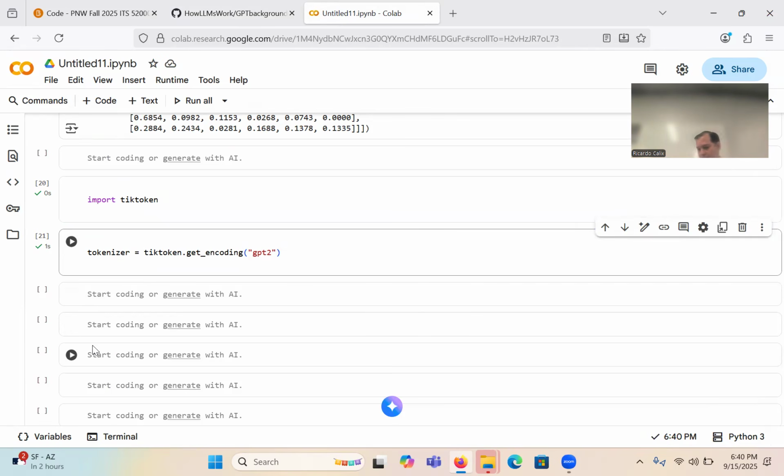GPT-5 just came out, right? I love GPT-4o. I'm one of those people that's complaining about GPT-5. I don't know if you know about this, but GPT-5 is off-putting somehow. It's very strange.